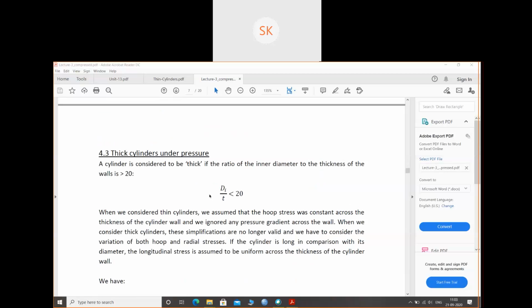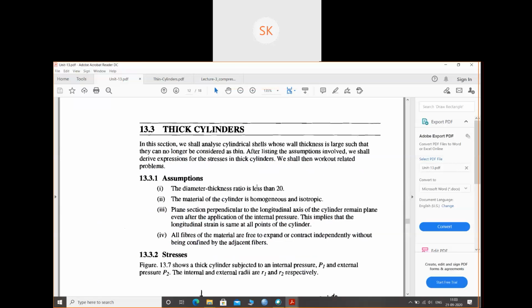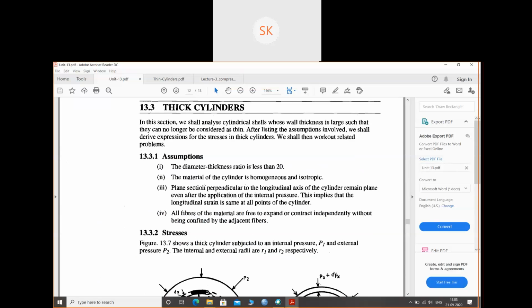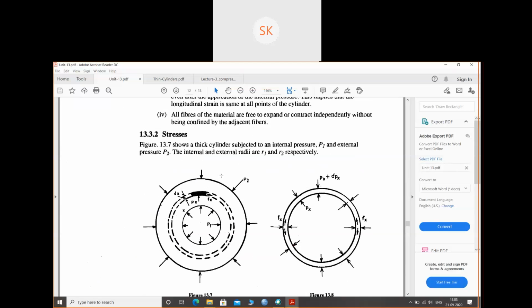Okay, and this is the relation for thick cylinders. A cylinder is considered thick if the ratio of the thickness to the inner diameter is more than 1 by 20. For thick cylinders, you can take the example of long pipes and big storage tanks, where the thickness of the cylinder is large compared to its diameter.